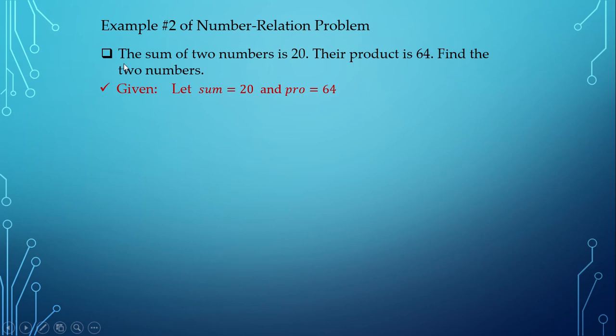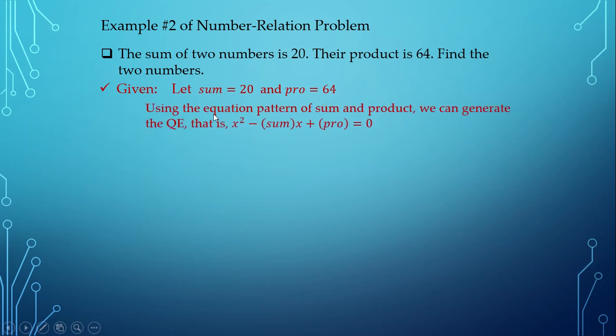The sum is 20 and the product is 64. We can remember mo niya sa katong factoring method, katong Punnett square. Sum is 20, the product is 64.